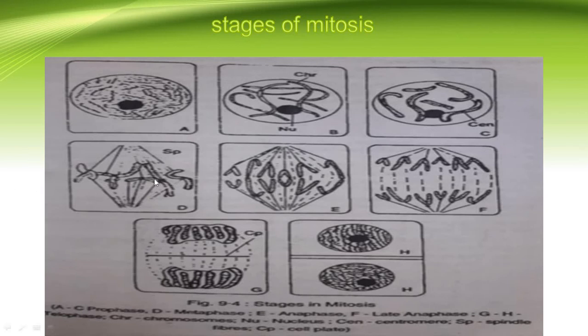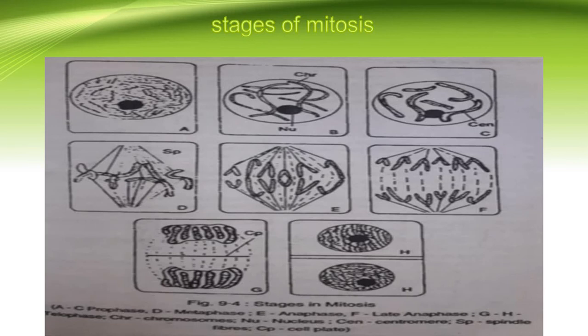The center we call the equator. They are moving away from the equatorial plate towards the ends. The ends we call poles. The migration of the daughter chromosomes towards the poles occurs in anaphase.